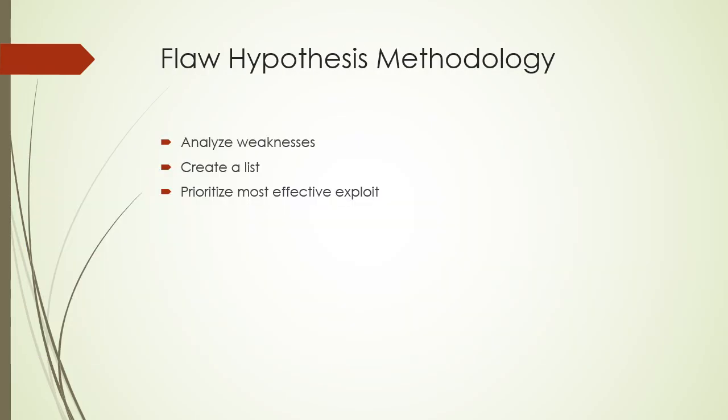As far as the high flaw hypothesis method, some key points we're looking at are analyzing the weaknesses, creating a list, and prioritizing the most effective exploit, so that it would be an actual test guide that you can go through.